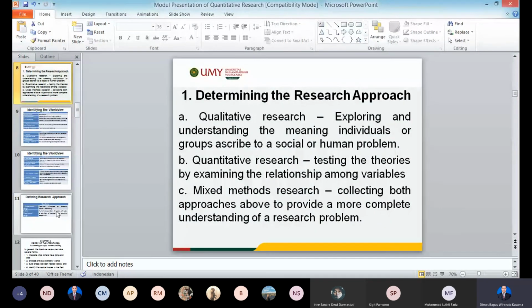And please put some arguments concerning the reasons why your worldview is so. Of course, it must be related with your research plan, because you will develop a research paper at the end of the program. So this research is basically based on what views.